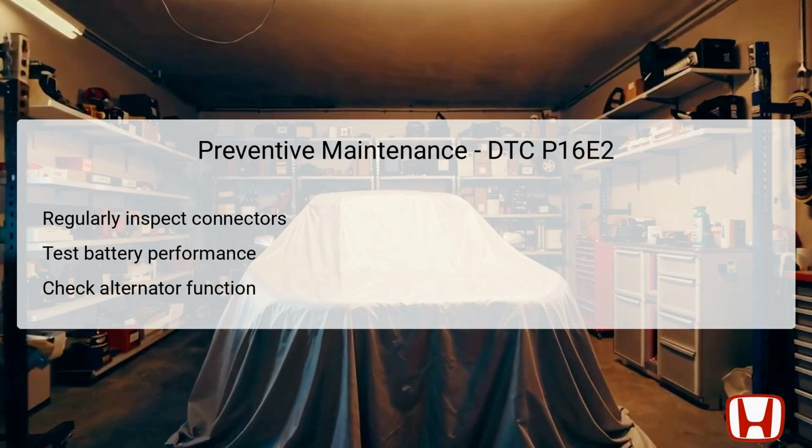Furthermore, keep a careful watch on the functionality of the alternator. Performing voltage checks periodically can reveal early signs of declining performance before becoming an issue that triggers DTCs. Embracing proactive measures will greatly enhance the longevity of vehicle components and improve reliability.